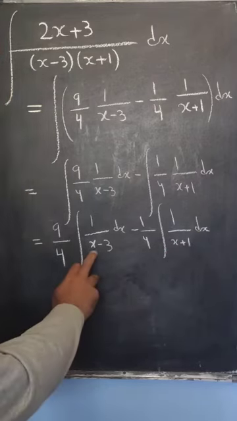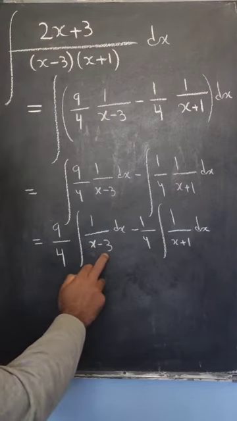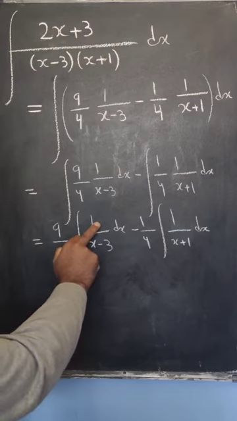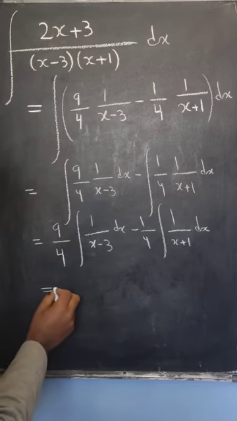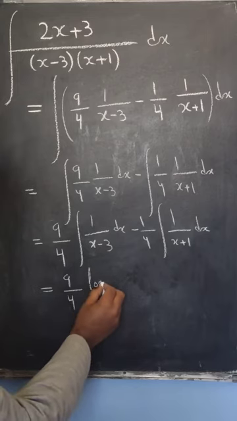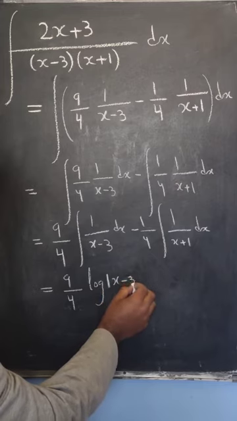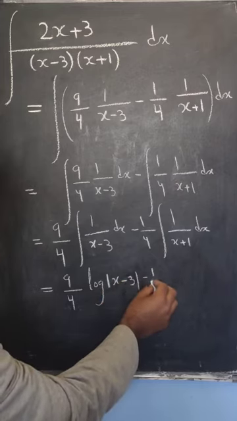Now here in denominator we have x minus 3, and differentiation of x minus 3 is 1, that is in numerator, so this is equal to 9 by 4 log of mod of denominator, log of mod of (x minus 3), minus 1 by 4.